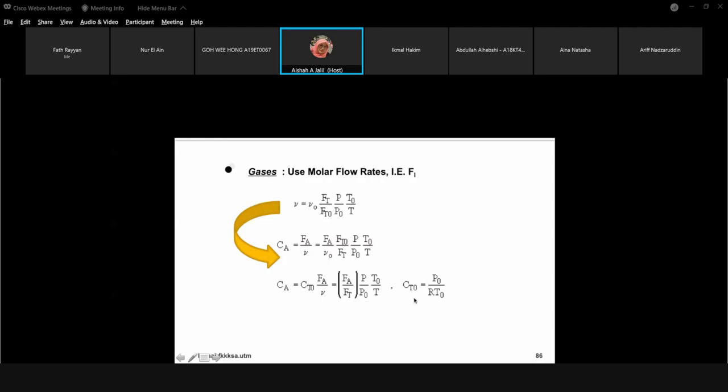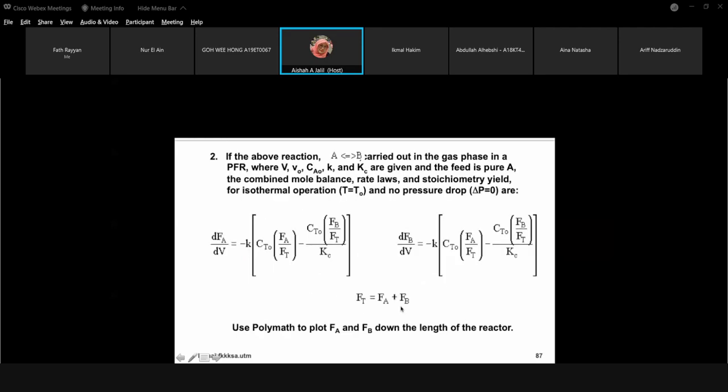This is another example for the flow system. If the above reaction, A to B reversible, is carried out in the gas phase in a PFR, and all of this is given to you, pure A, the combined mole balance, rate law and stoichiometry become like this.